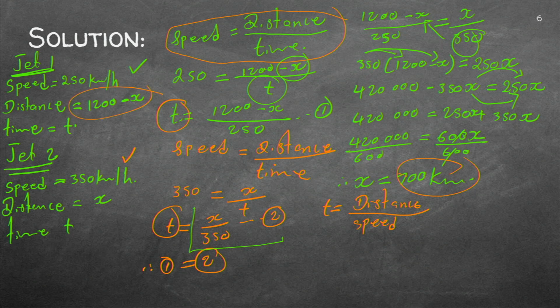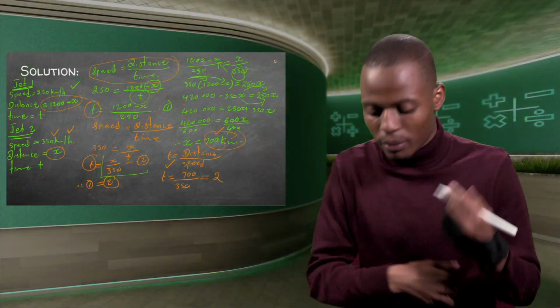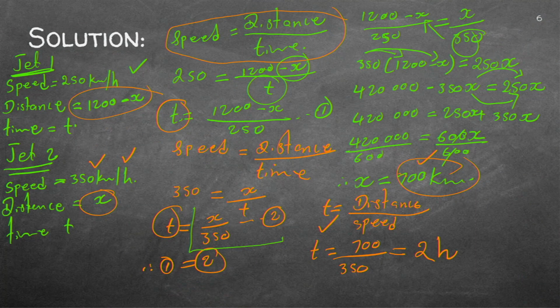You have the one that says 1200 minus x, or you have the one that says x. So let's just choose the speed of jet number 2. So we use 700 as our distance, and the speed of jet number 2 was 350, so we divide this by 350. So 700 divided by 350 gives me 2. And that time, guys, because we're dealing with kilometers per hour, means your time is in hours. So that's how long it took the two jets to meet, guys.